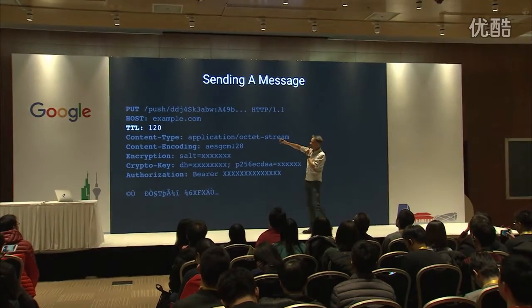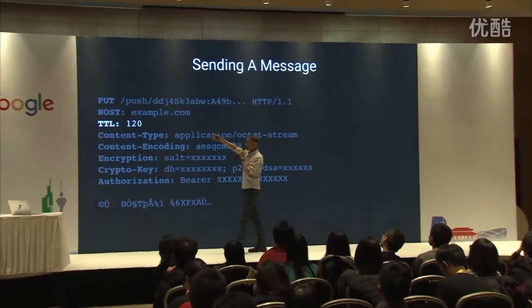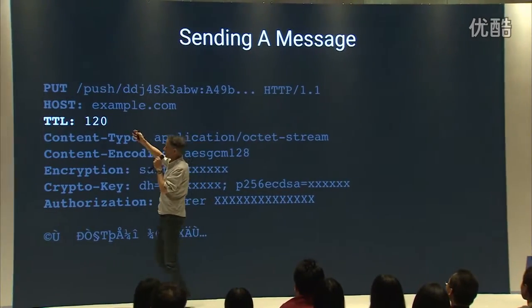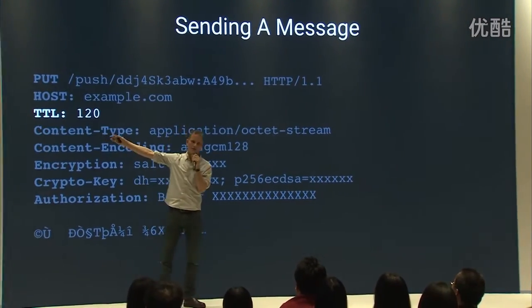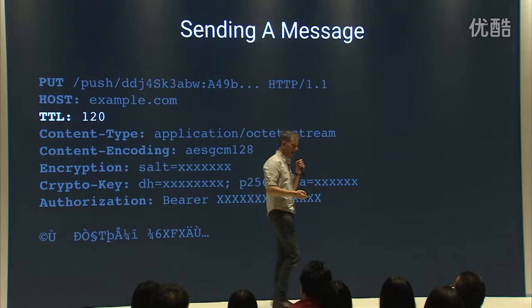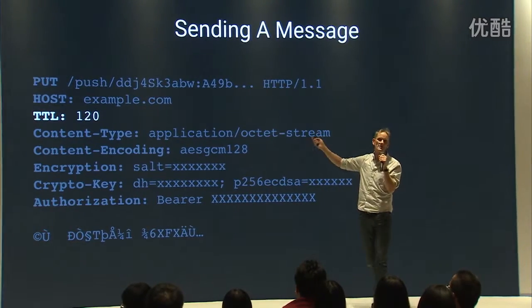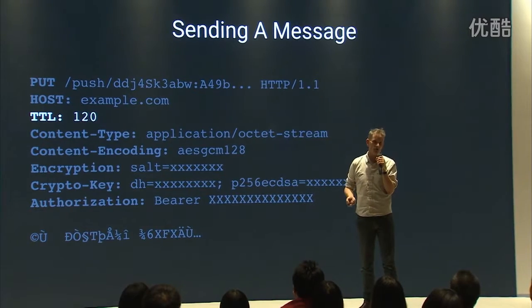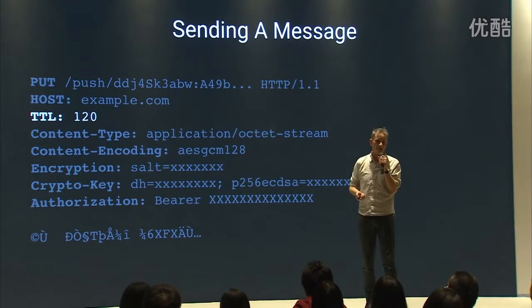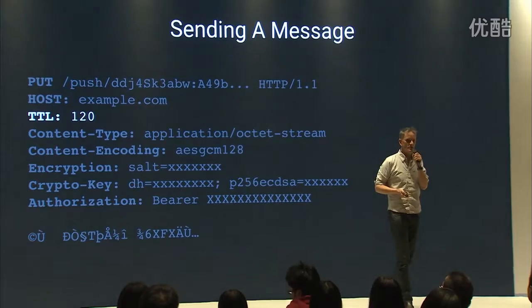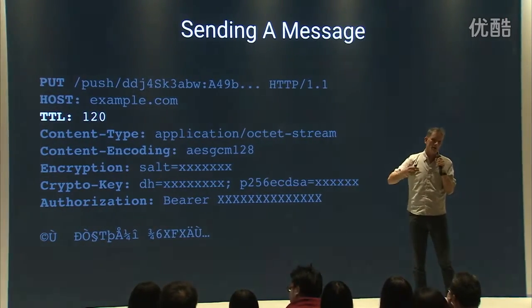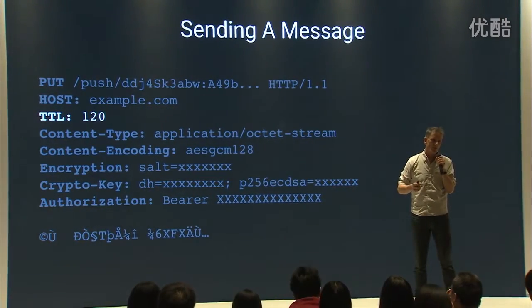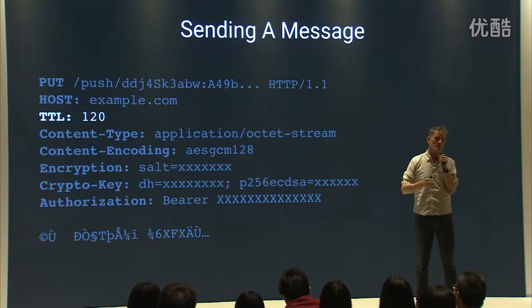So what we have in the headers for the request to the push service is a time to live, TTL. What this one specifies is for the push service to keep trying for 120 seconds to send a message to the end user. Now, if you think about it, there are some messages which have to be received immediately.